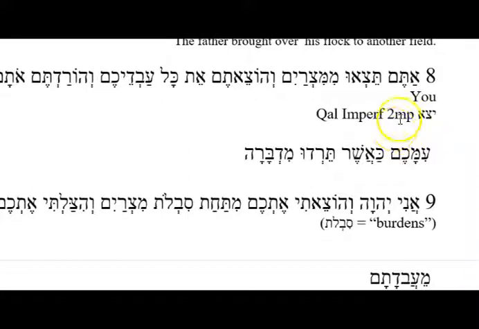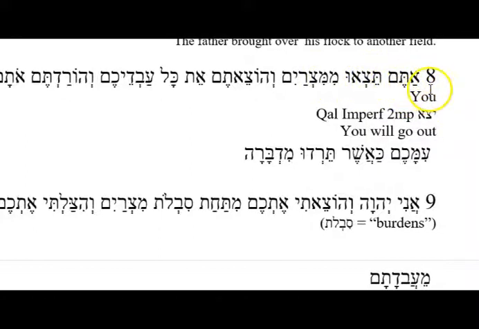So how are we going to translate that? We start with this person, gender, number. Second masculine plural is you, y'all. Will, because it's imperfect. Yatsa, to go out. Now, we have atem, tetsu.